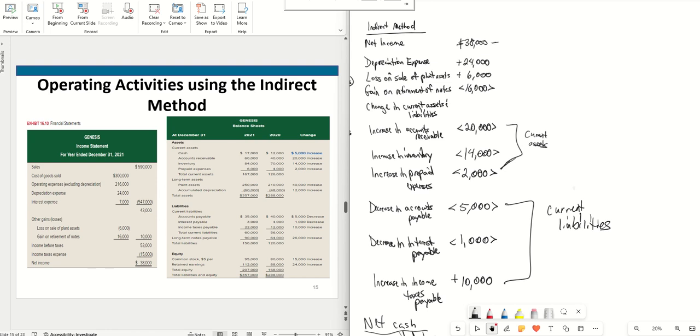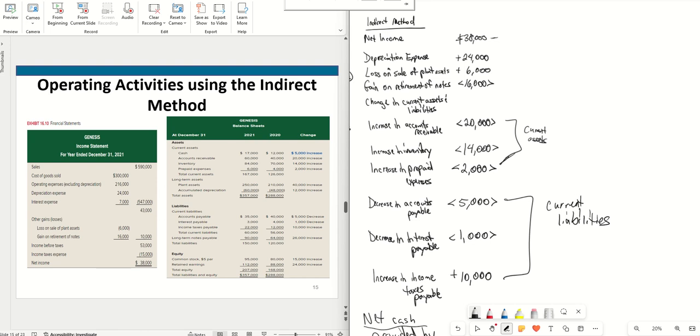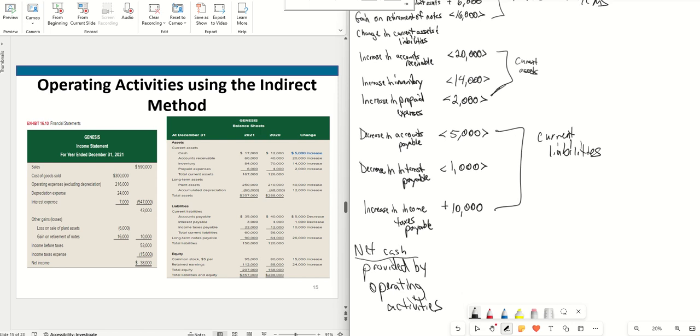We're going to take the net income of 38,000 plus or minus all of the non-cash items here. Okay, this is your non-cash items. Plus or minus your current assets, plus or minus your current liabilities. You should get $20,000 as a positive amount.